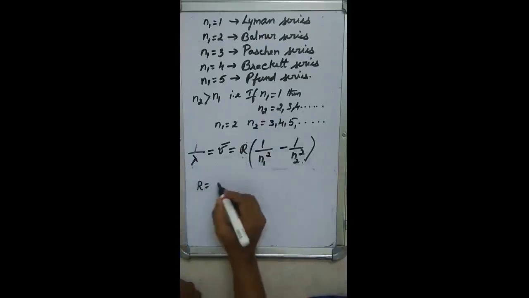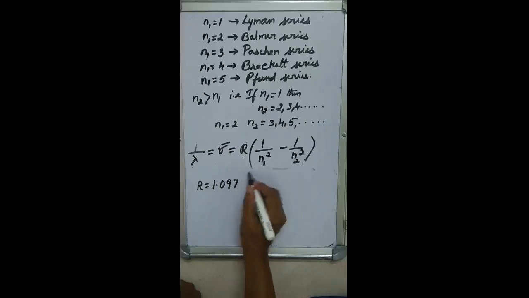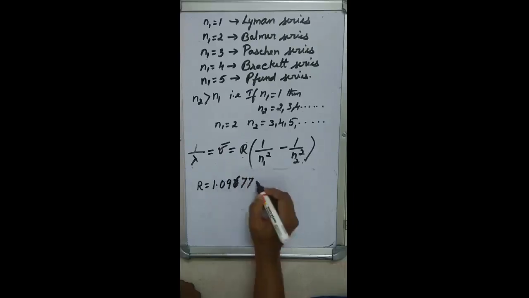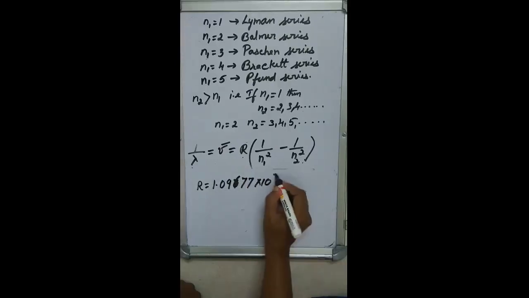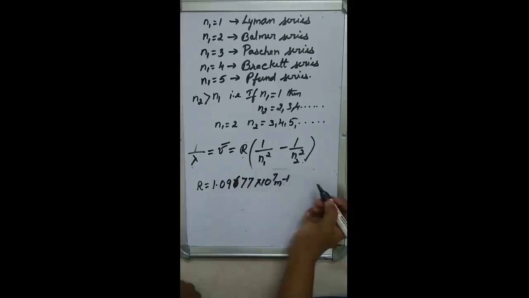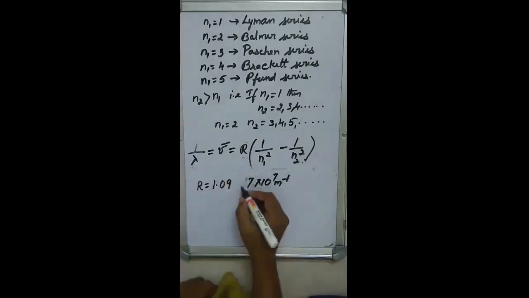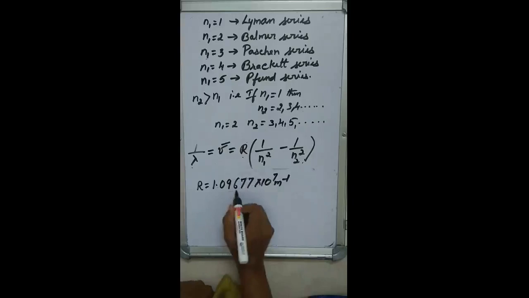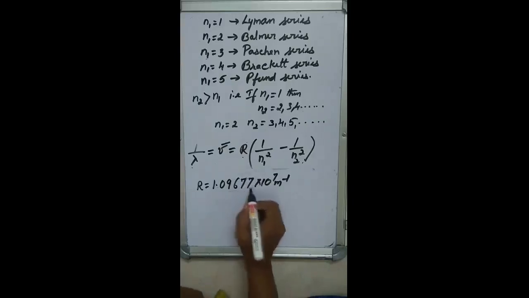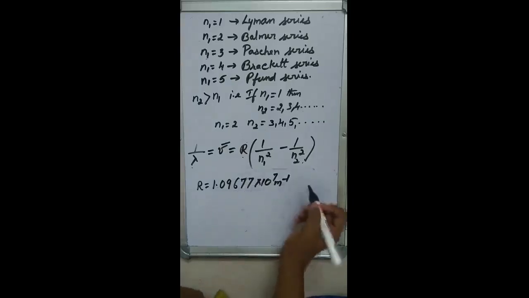R value is fixed, that is 1.09677 into 10 to the power 7 meter inverse.